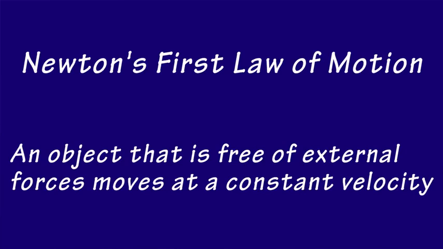So Newton's first law of motion, in its final form, is that an object that is free of external forces moves at a constant velocity. A skater who is experiencing 0 force is covered by Newton's first law of motion and will move at constant velocity. The skater is coasting.